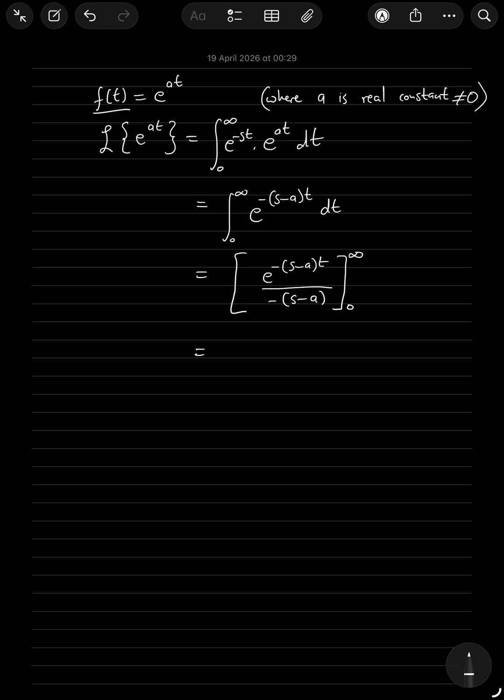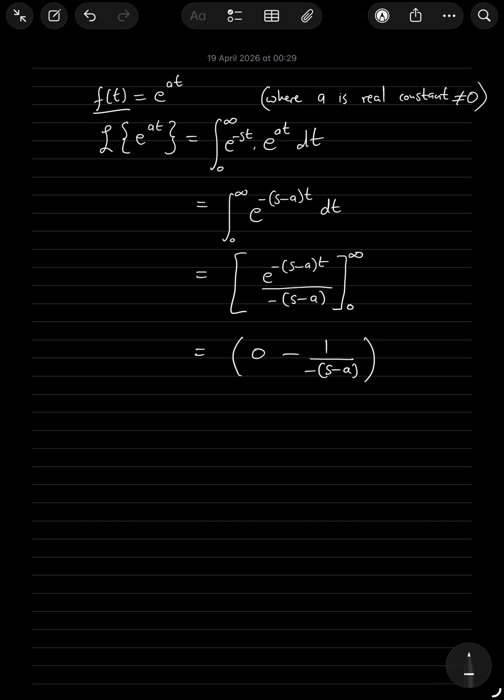If you start with infinity, this is going to be 0, right? So you're going to have 0 minus 1 over minus s minus a, isn't it?